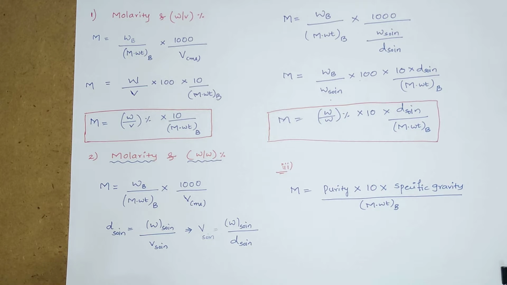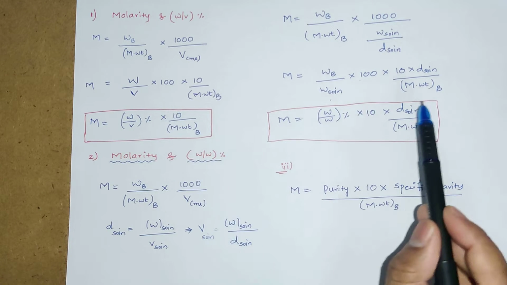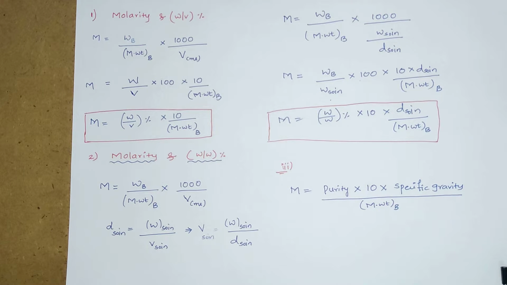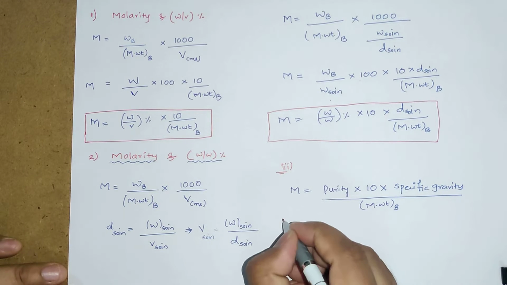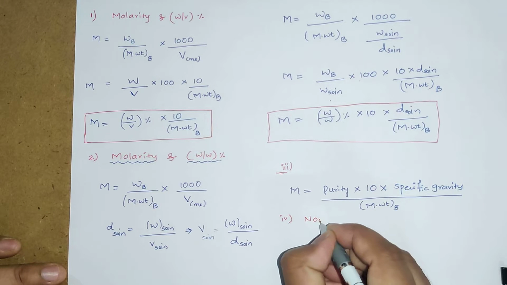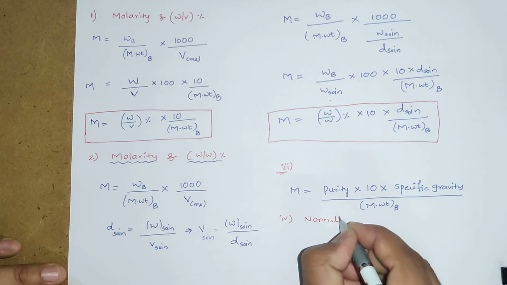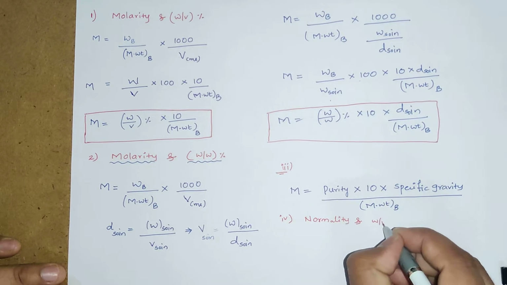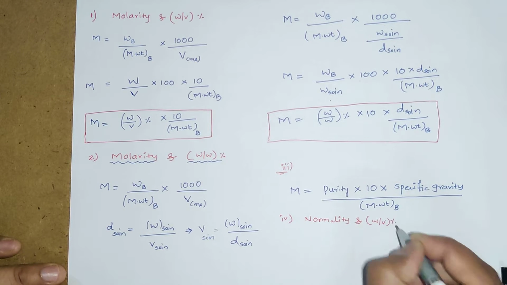Similarly, we can also apply for the normality. When we are applying for the normality, in the place of molecular weight of a solute, what we are getting is gram equivalent weight. That's why we write that relation between normality and mass by volume percentage.